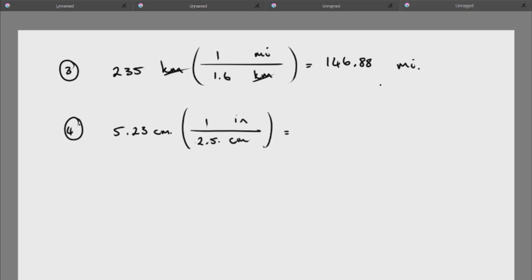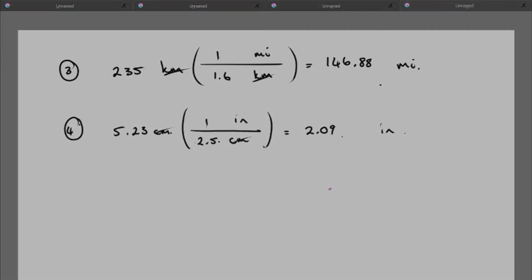And that tells me centimeters cancel, I'm in the right unit, perfect. It tells me to divide. So I do. 2.09. You could have said 2.1. We just make a decision to practice rounding. We have a chance to practice some rounding. Remember that, so why not?